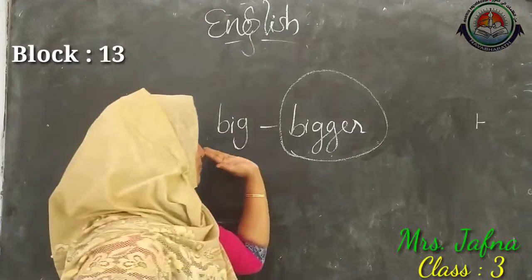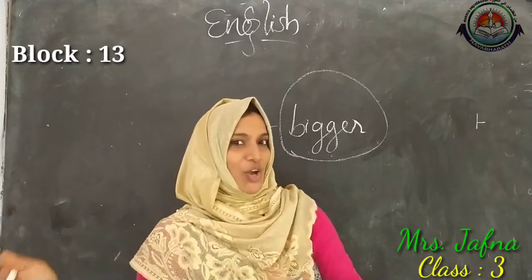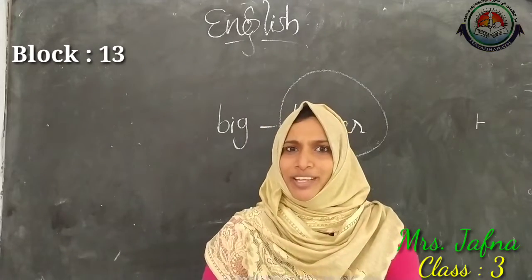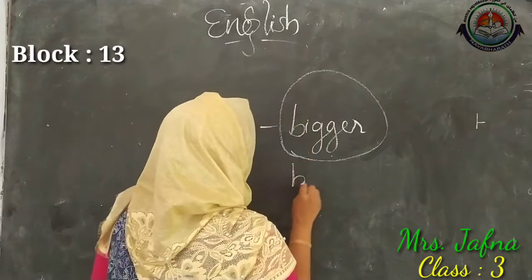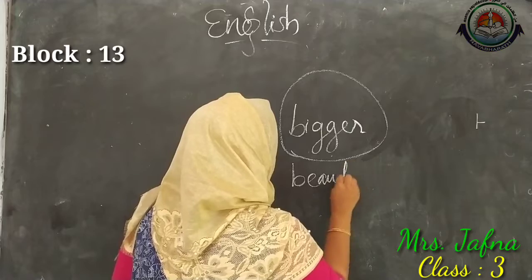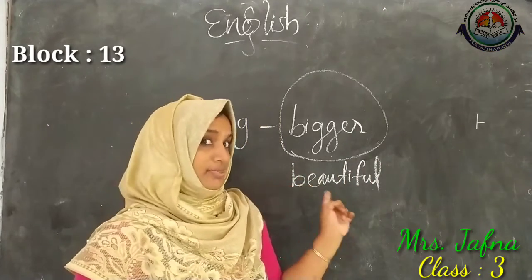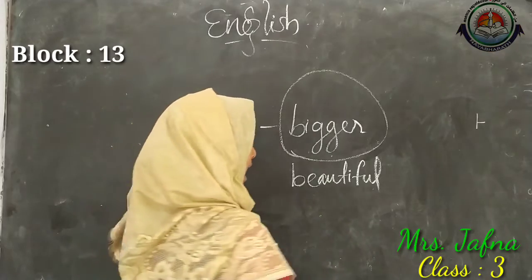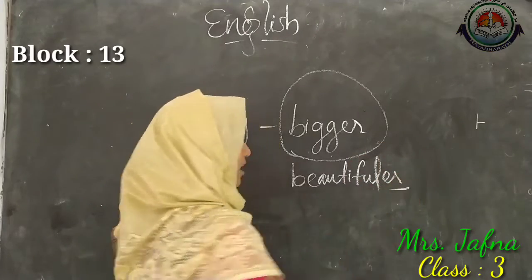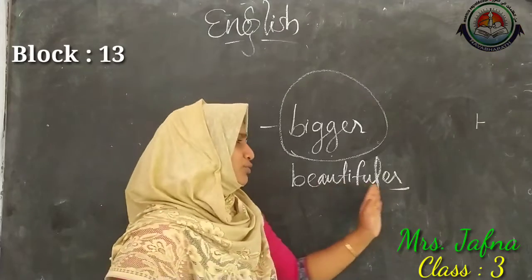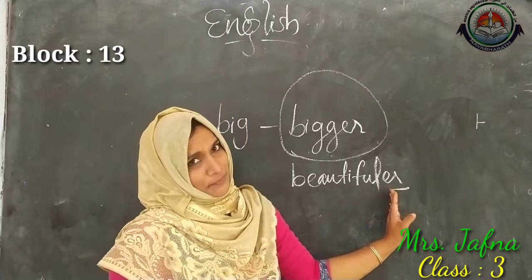Okay, so big, bigger, tall, taller, short, shorter. Then here I am writing one more word. It is beautiful. This is also a describing word, an adjective. So can I add er here? Beautifuler? No, we cannot do like this. Why?